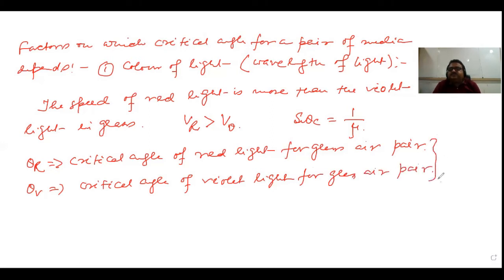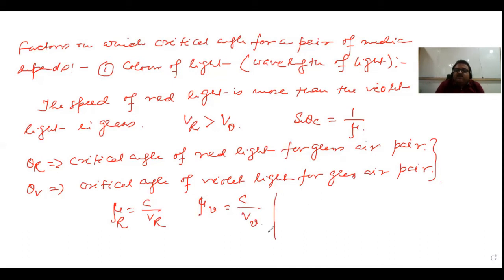Okay. Now what will I do? Sine theta is equal to 1 by mu. Okay. Now watch this very carefully. What we know? Formula for mu equal to C by V. So mu for red light is equal to C by V red, and mu for violet light would be C by V violet.